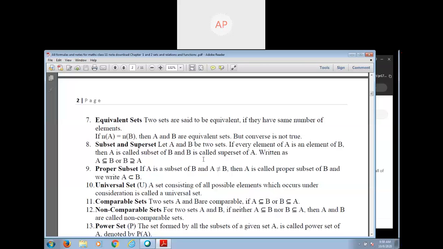No, ma'am. No, because B does not contain the element C. C does not belong to B. So every element of A is not in B, so we cannot say that A is a subset of B.